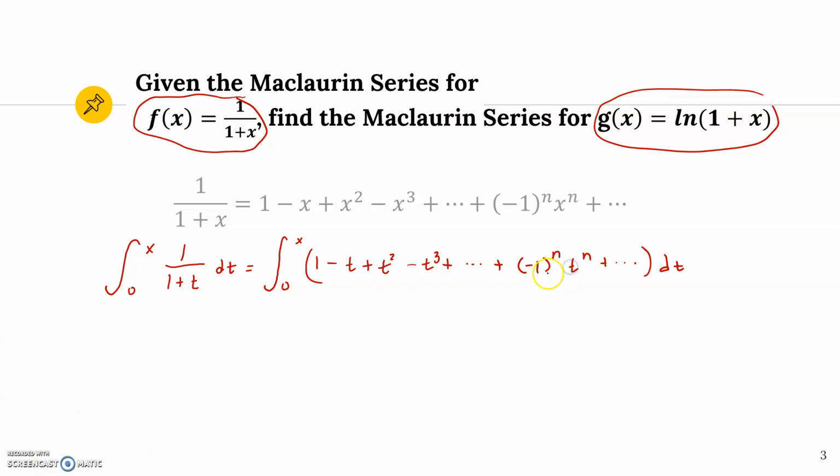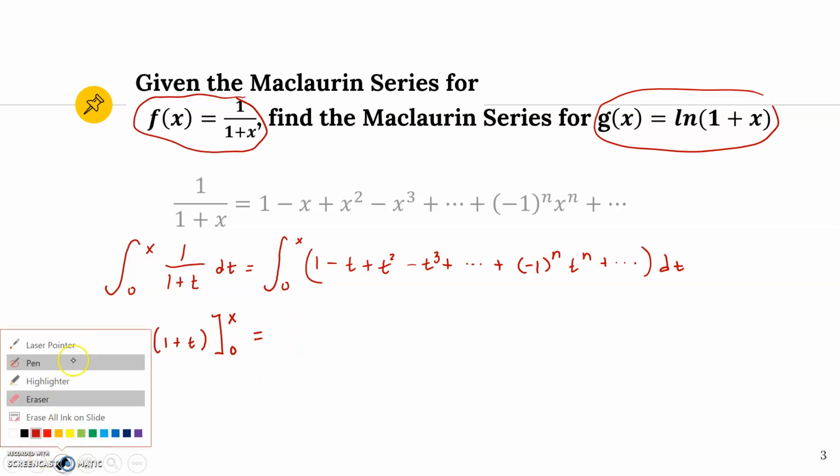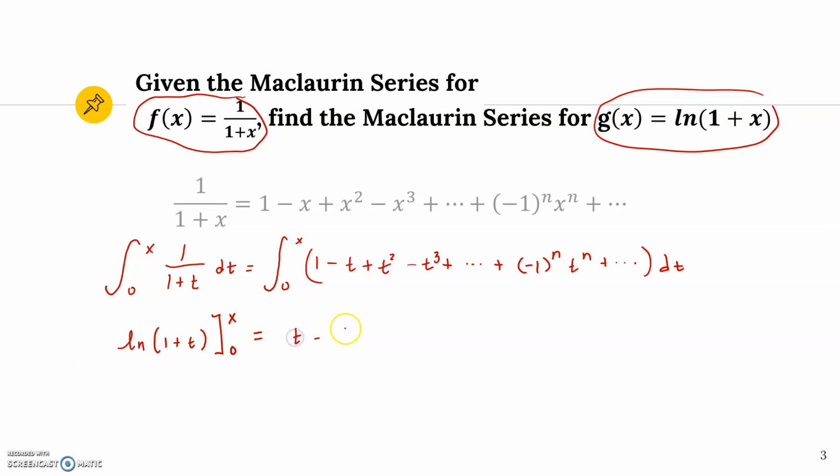So now I'm going to take the antiderivative of this side, and I get natural log of 1 plus t. And I take the antiderivative of this side, and I go backwards from 1, and you get t minus t squared over 2 plus t to the third over 3 minus t to the fourth over 4.